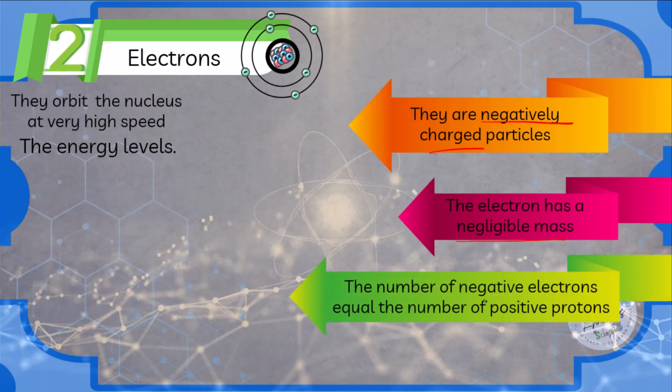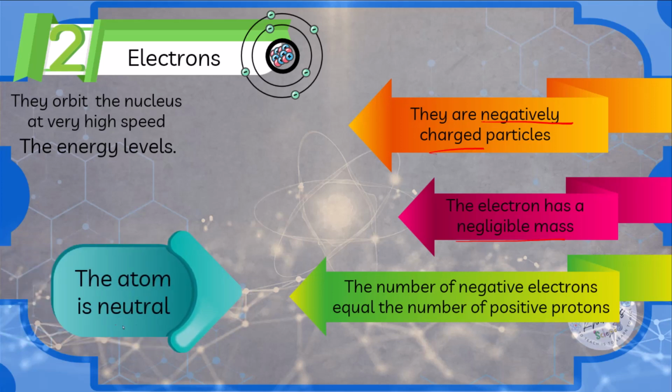And the number of negative electrons equal the number of positive protons. So the atom is neutral because we have protons in the nucleus, positive. Around it revolve the electrons, which are negative, and they are equal in number. So the atom is neutral.